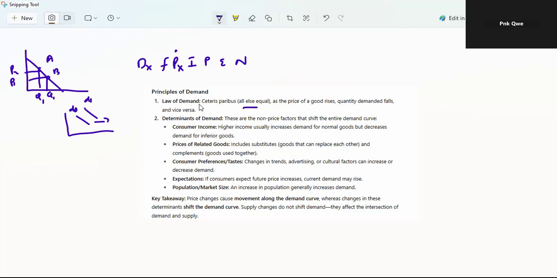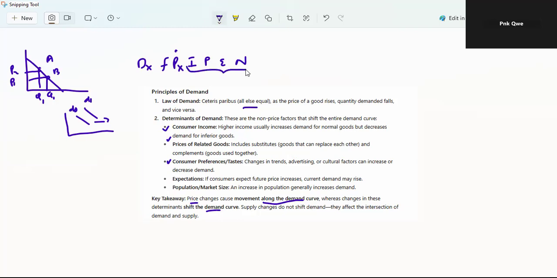If income reduces, it will shift vice versa from D1 in this direction. So these are the determinants of demand. Price changes cause movement along the curve, whereas shifts come from changes in these other factors.